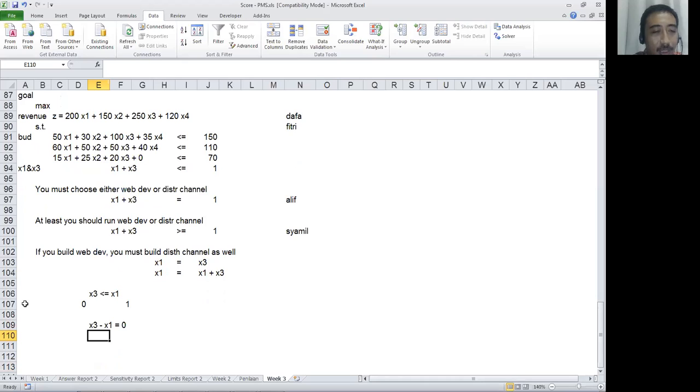If this is the case, then if X1 is 1, you must build X1. If you build X1, you must build X3. If not, then this is minus, equals 0.